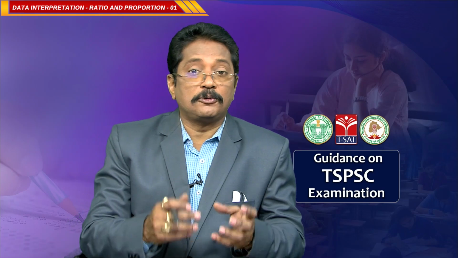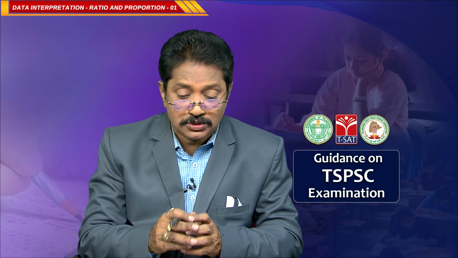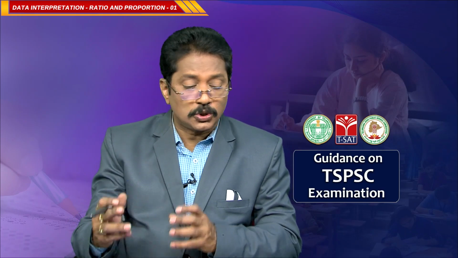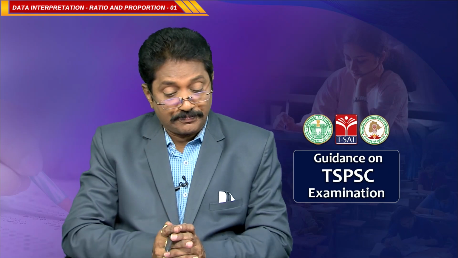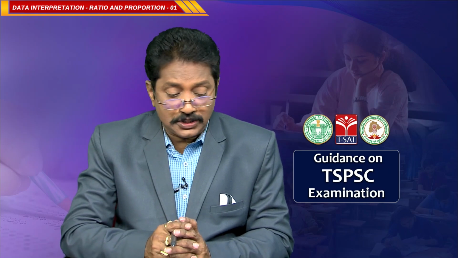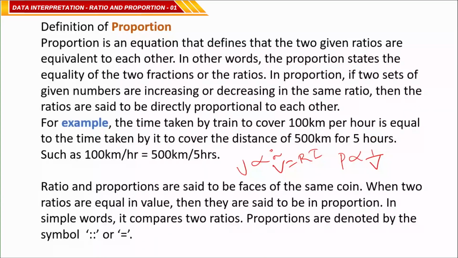So, here the proportion is an equation that defines that two given ratios are equivalent to each other. In other words, the proportion states the equality of two fractions or ratios, in which two sets of given numbers are increasing or decreasing. Okay. So, I will give a small example: kilometer per hour, meter per second.